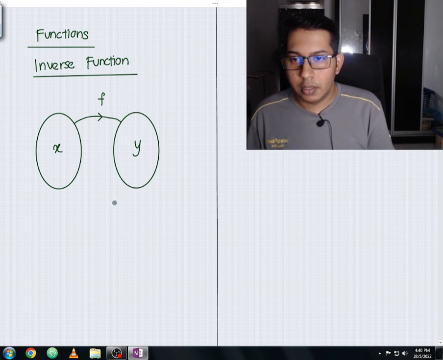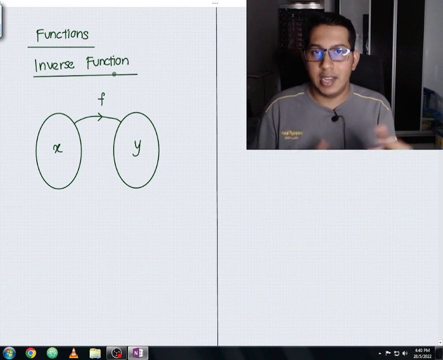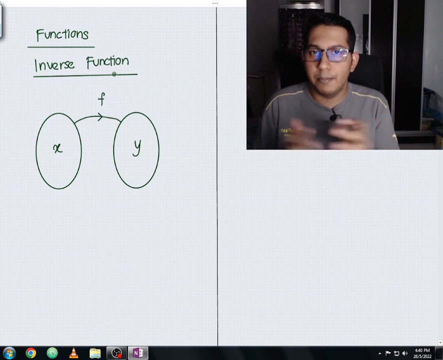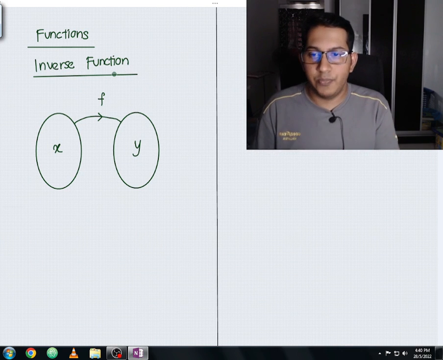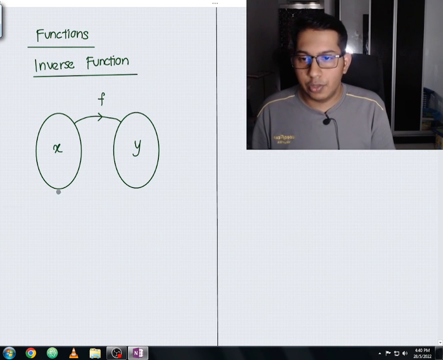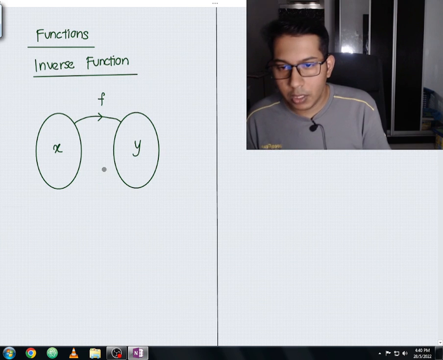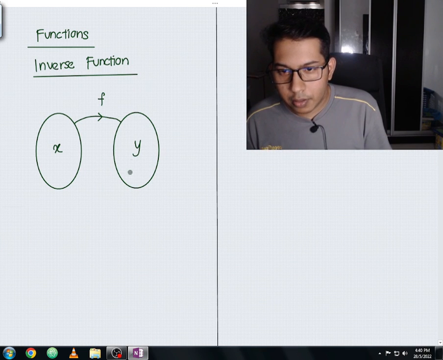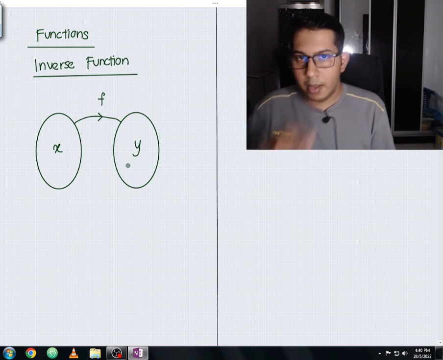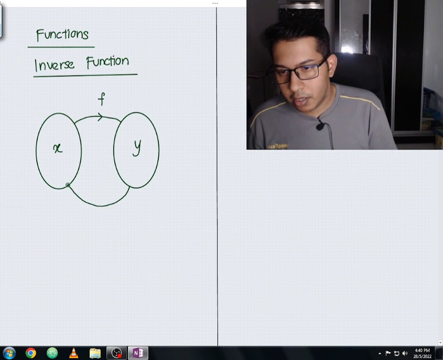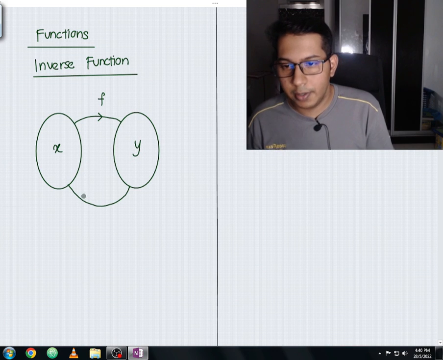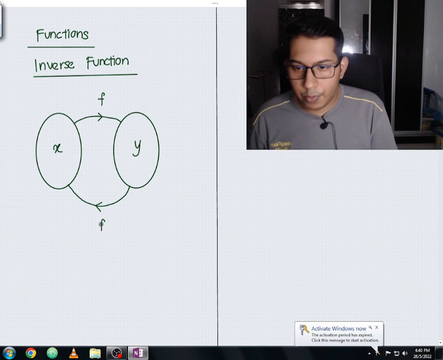Now since you are going to learn about the inverse function, I don't want to give you the big definition of inverse function. Let me just give you a quick, simple explanation through this arrow diagram. When the codomain maps back to the domain, from here to here, this is known as the inverse, which in this case we denote as f inverse.